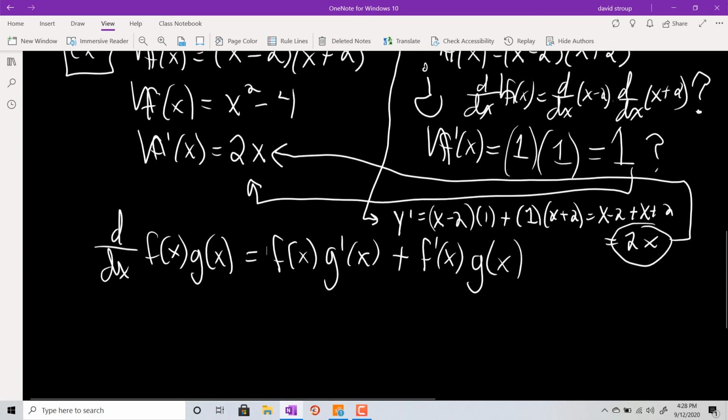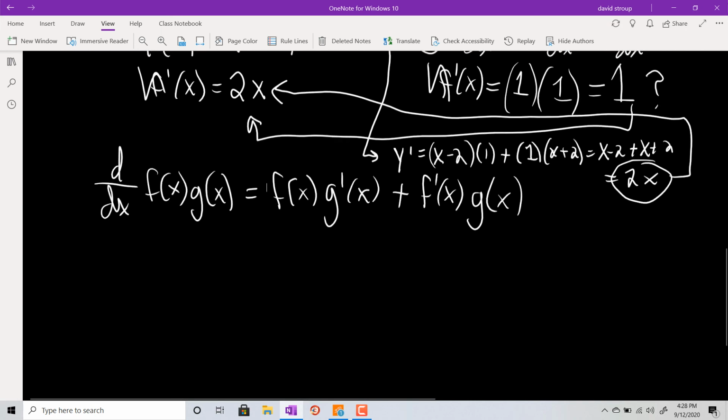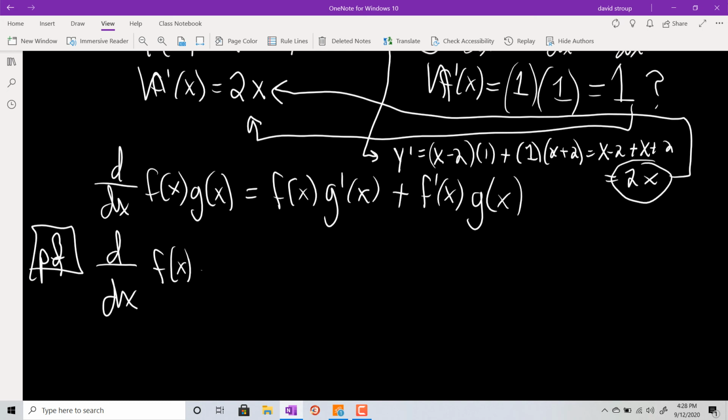Okay, we haven't proven that it always works, right? And so in order to prove that it actually always works, we have to go to the limit definition of the derivative. So assuming that these functions actually have derivatives, we can go to that limit definition and rewrite things.